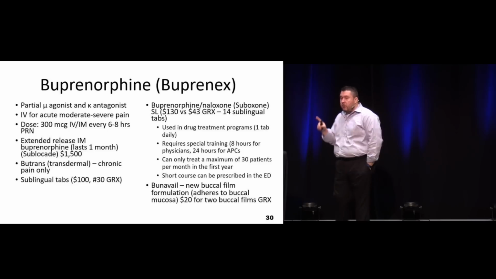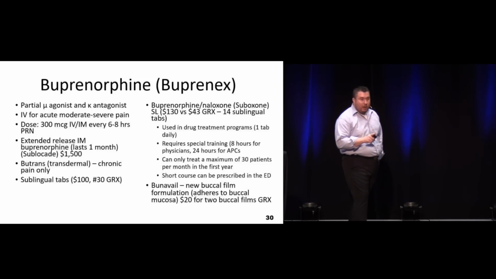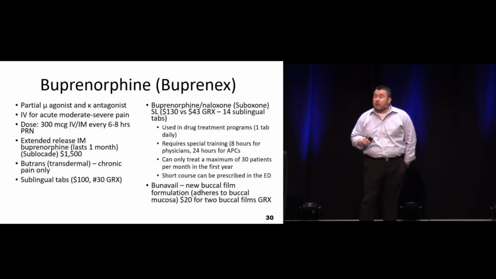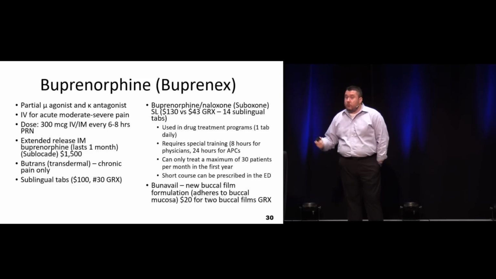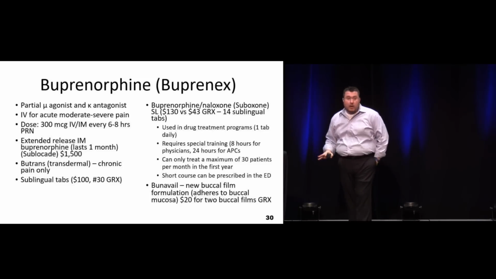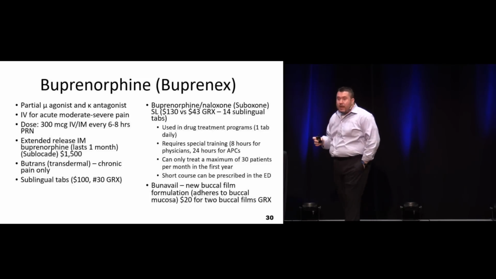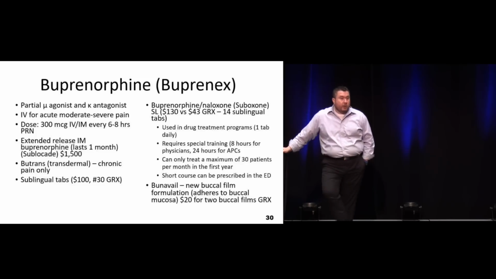Those other agents are kappa agonists and mu antagonists. Buprenorphine is a partial mu agonist, so it has more analgesic properties. And now it's definitely become one of our mainstays for drug treatment programs, for detox programs, etc. You can give just buprenorphine by itself, or often it's combined with naloxone, which usually requires special DEA permission, and you may have to have special training to do those.